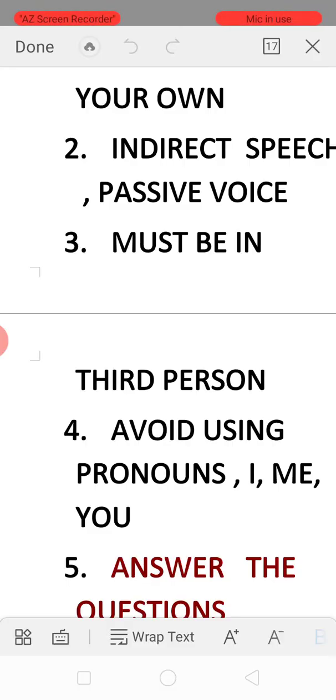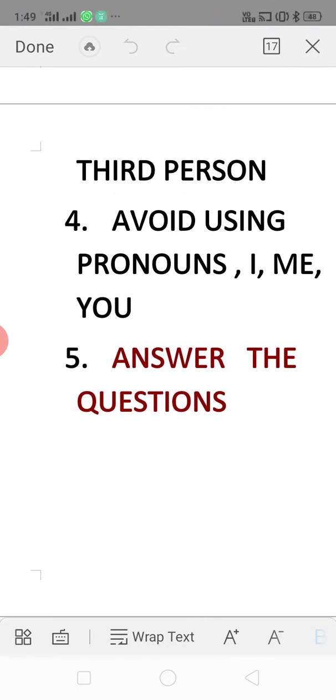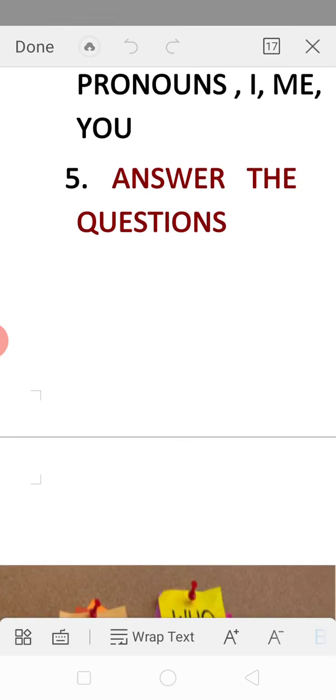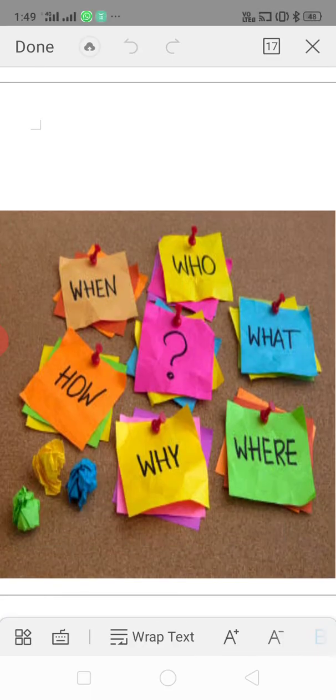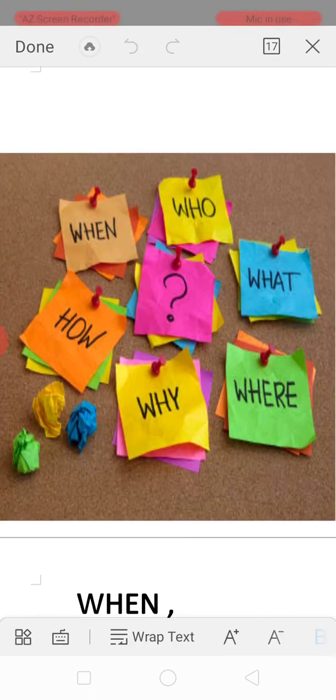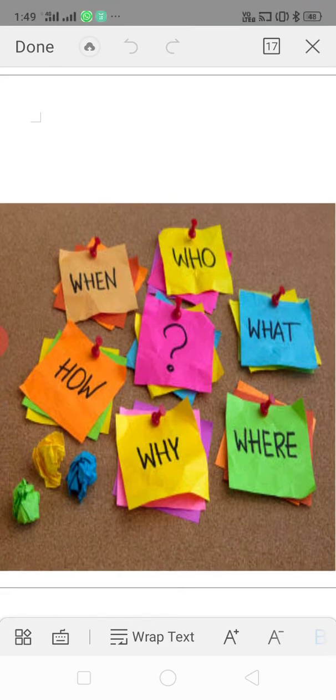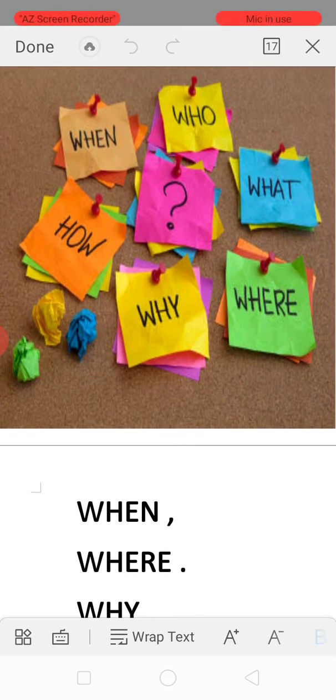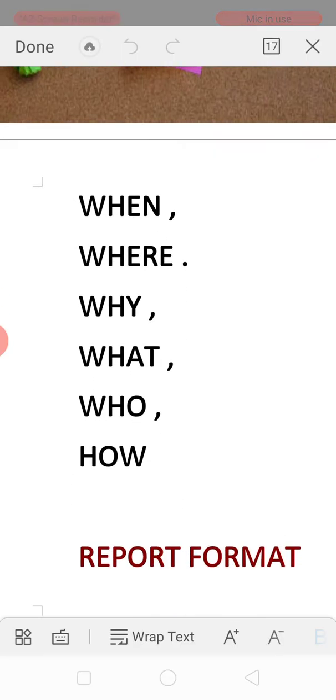And it must be in third person. You don't have to use I, me, or you. It is just a generalized statement. And the fifth point, you have to answer the following questions: what happened, where it happened, why it happened, how it happened, when it happened. And a lot of WH questions like when, where, why, what, who, how.